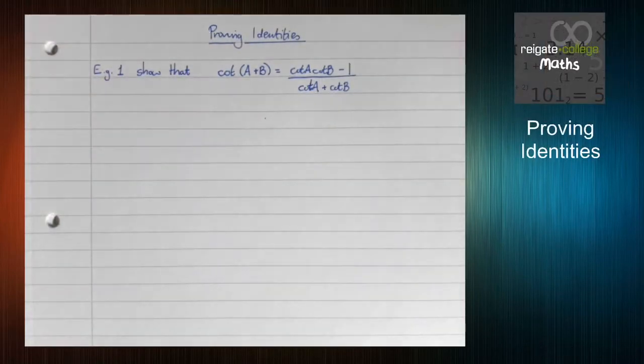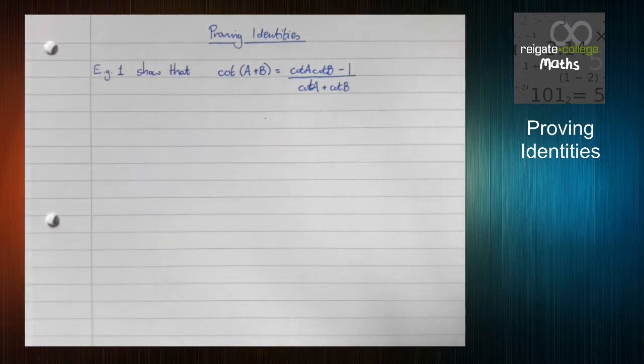So the first example here, we're going to show that cot of A plus B is equal to cot A cot B minus 1 all over cot A plus cot B. So this one we can see a few things.